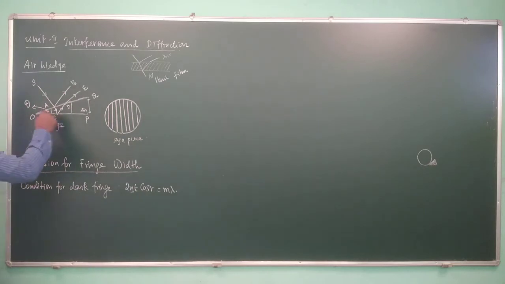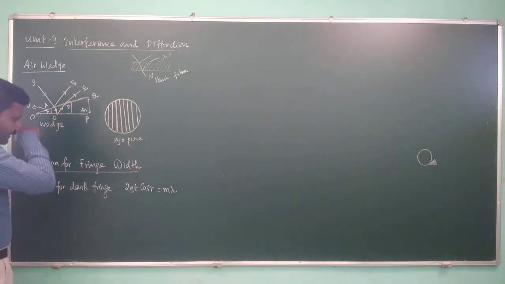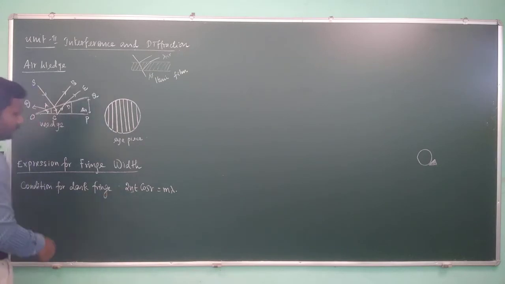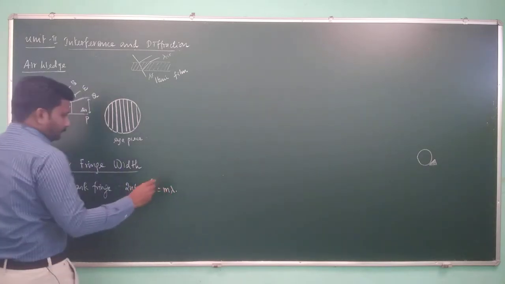Here, within these two glass plates, the glass plates are of very fine, negligible thickness that we have considered, so we have to consider the refractive index of the air. For air, the refractive index is equal to 1.